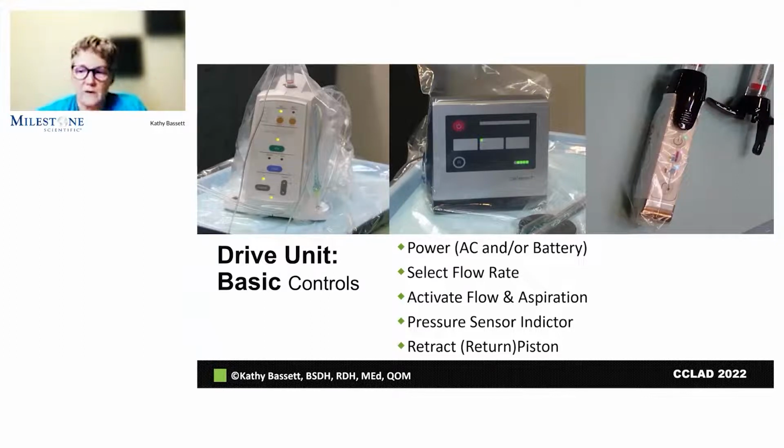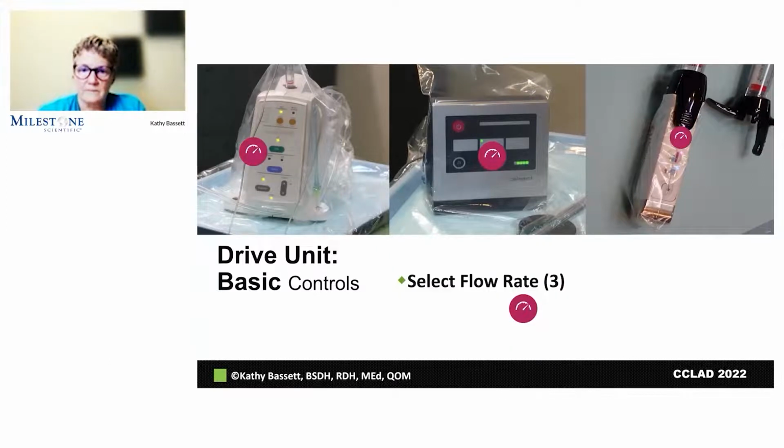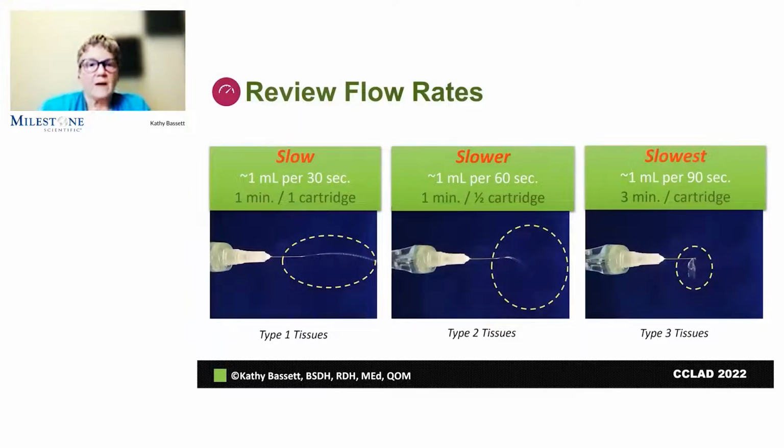Each of the devices is going to have a place where you can select one of three settings that will coordinate again to our type 1, type 2, and type 3 tissues. If you look at them collectively, this is a general range. Each of them will control the flow for type 1 tissues to approximately 1 minute per cartridge.